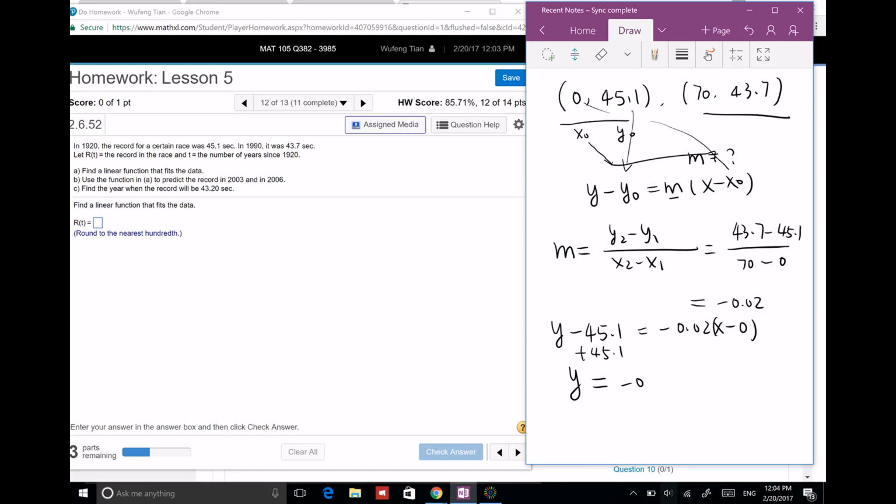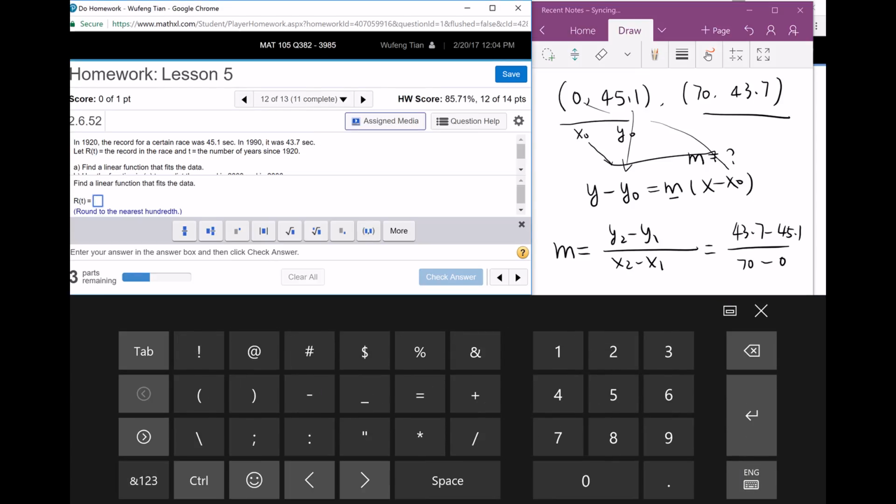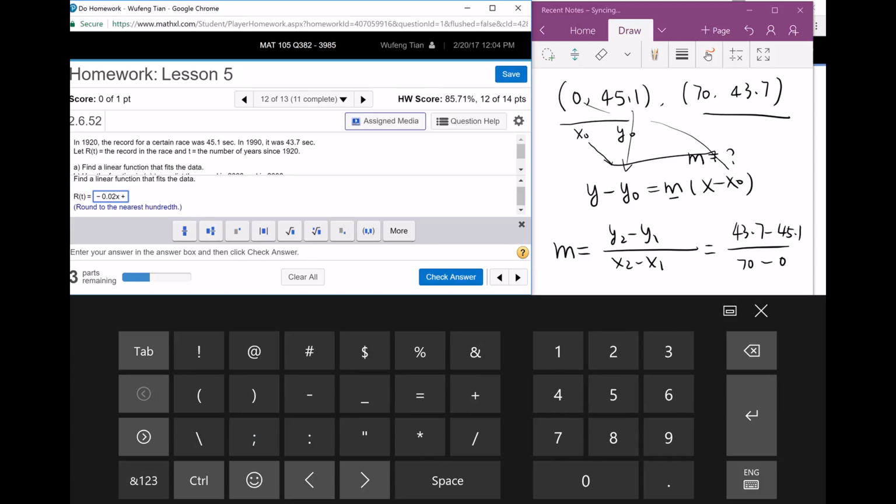So now this is your equation: negative 0.02x plus 45.1.